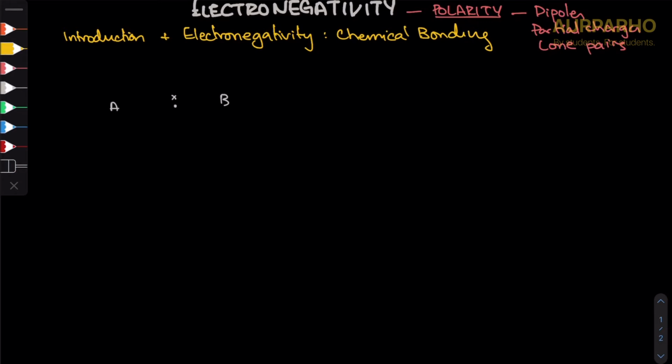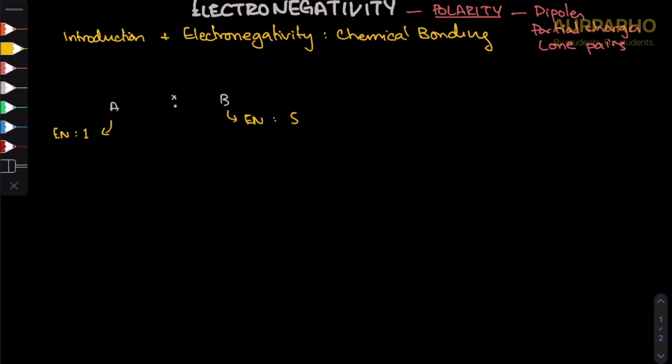What electronegativity suggests is that if, for example, and this is not any real value, it's just relative, let's say we give the electronegativity of B a relative value of 5, and for A, we give it the value of 1.